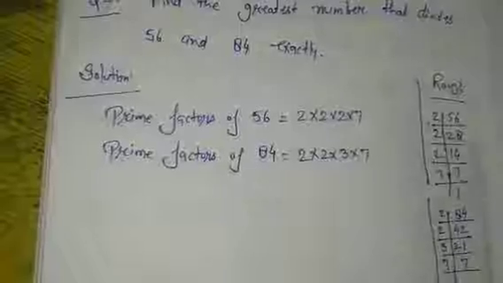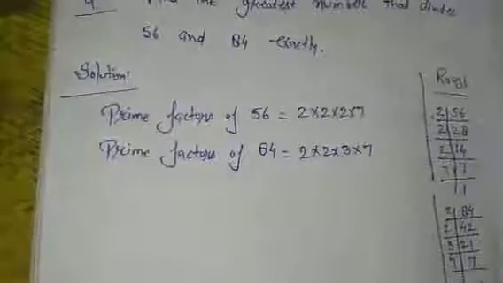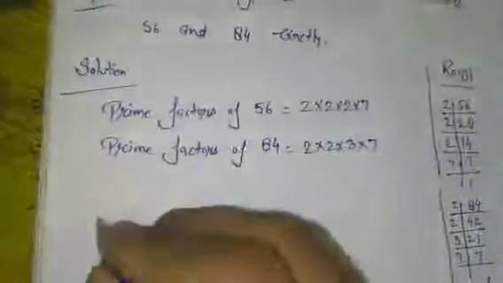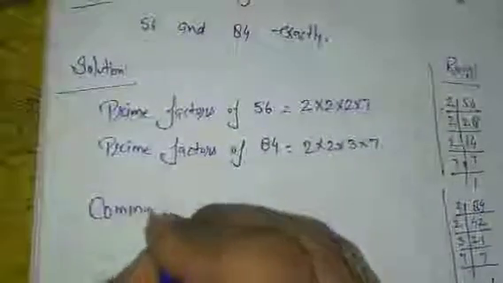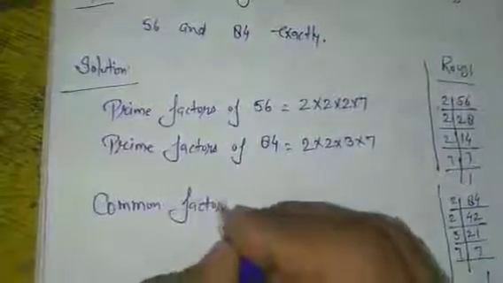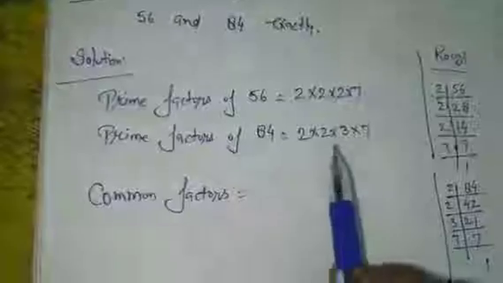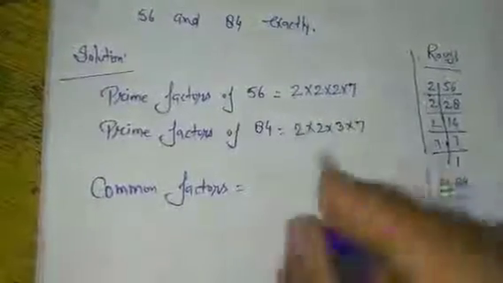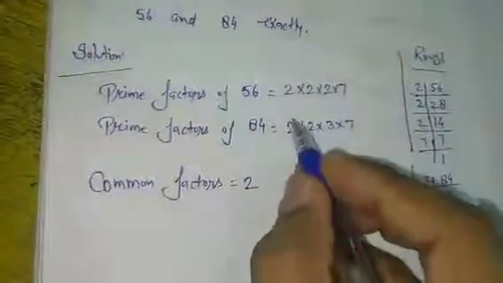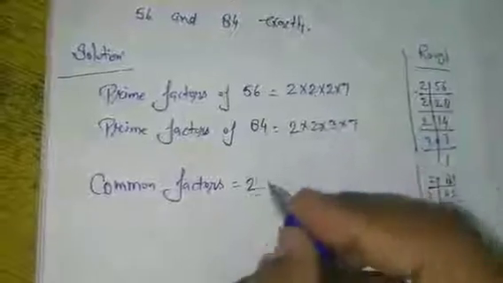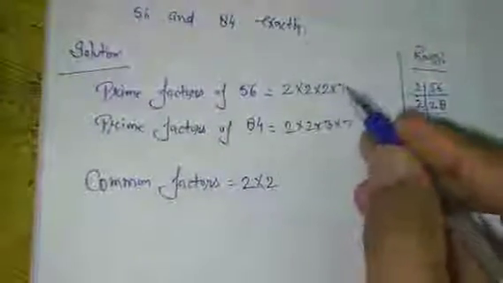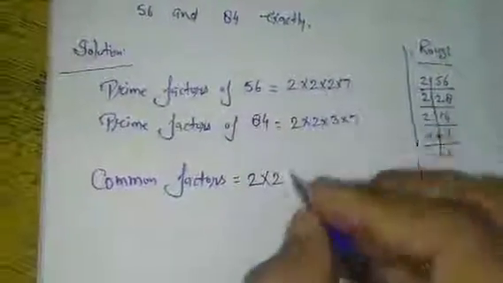Now students, here you can also find out the common factors. You have seen here 2 has come one time, then a second time 2 has come, and another common factor is 7.